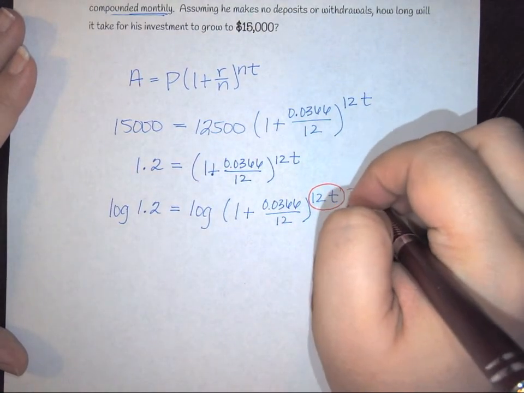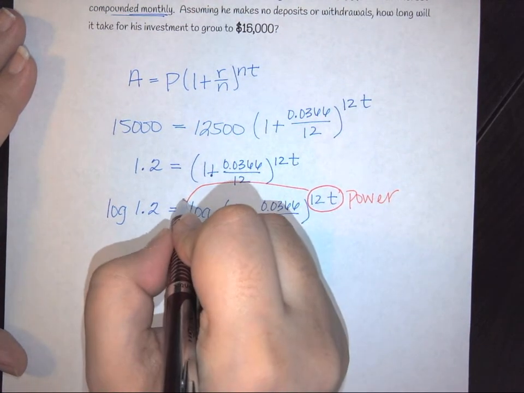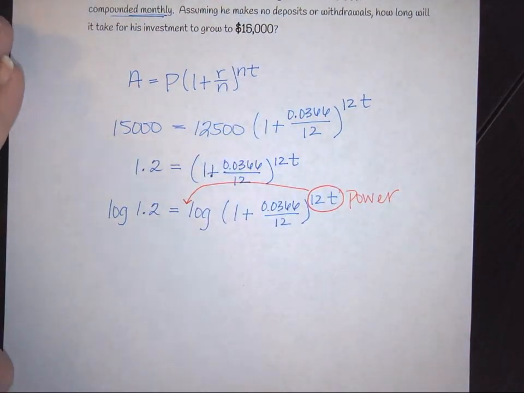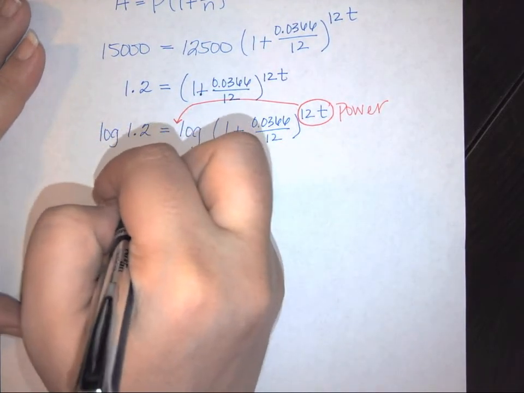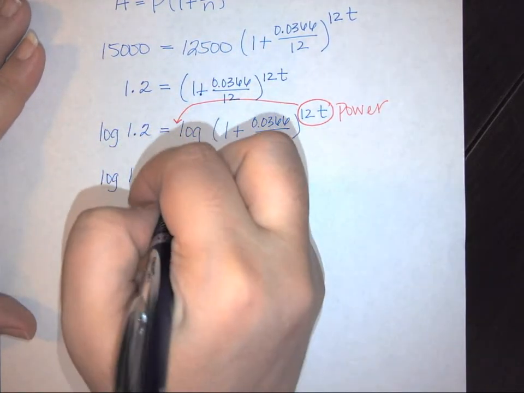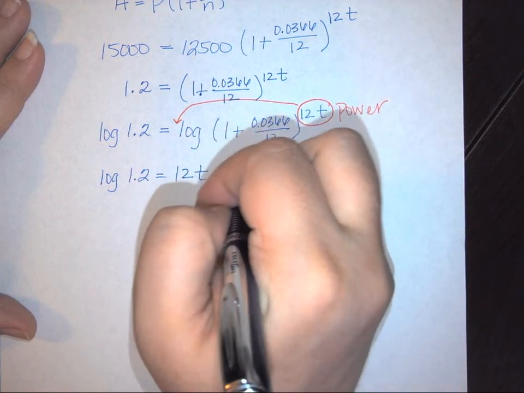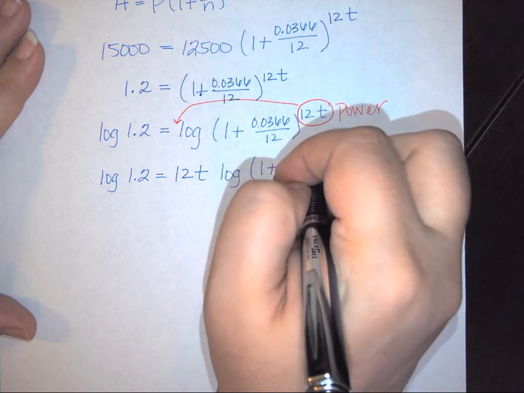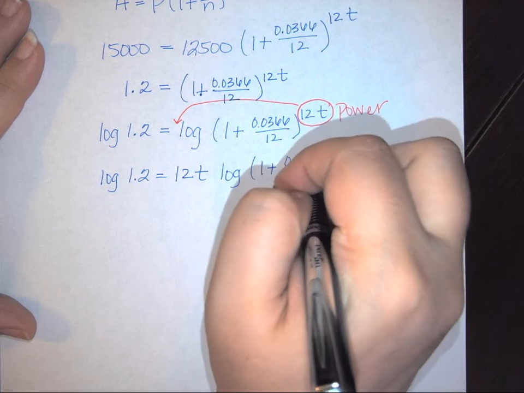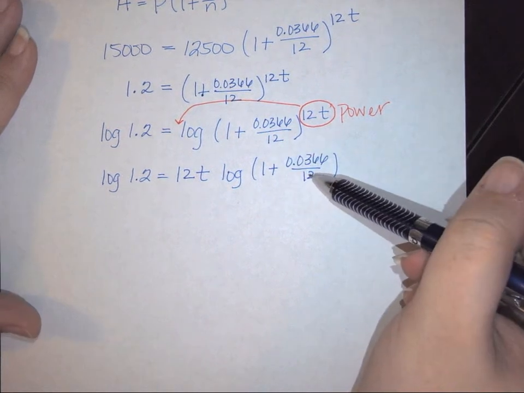This is the power. And the rule says the power is going to come down in front. So this becomes the log of 1.2 is equal to 12t log of my stuff, 1 plus the 0.0366 over 12.